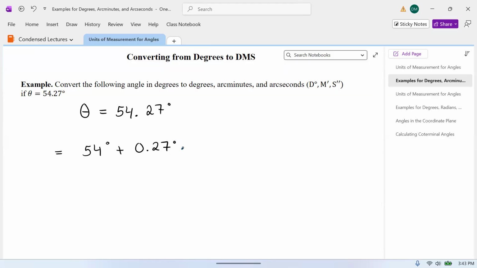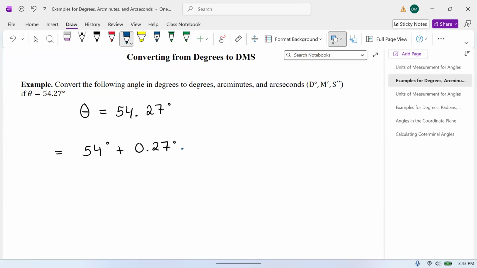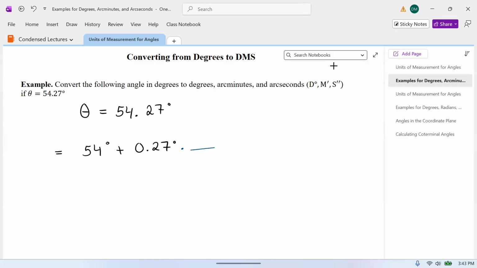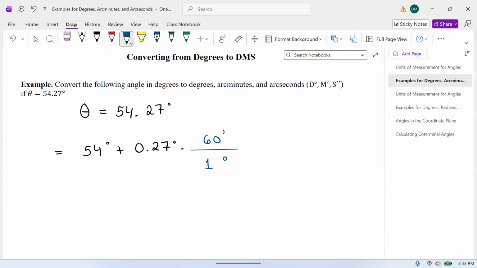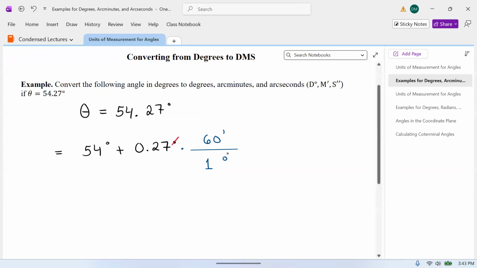So I convert. So multiply by a fraction. The unit I want to cancel goes on the bottom. My desired unit goes on top. So again, there's 1 degree to every 60 arc minutes.